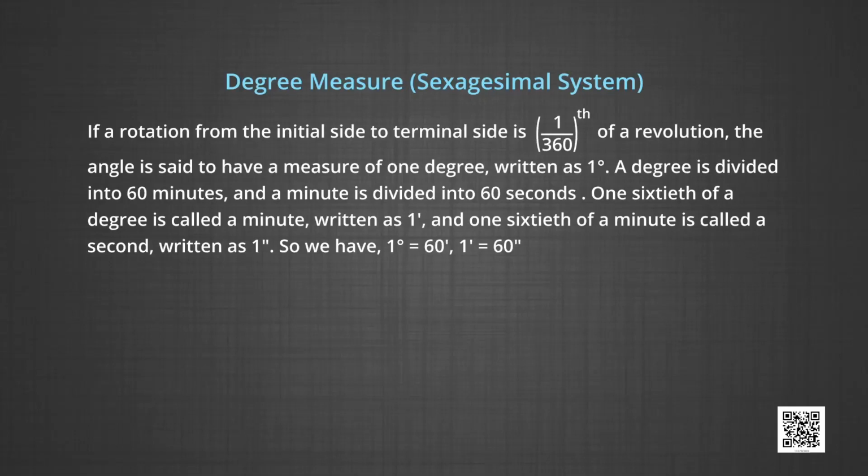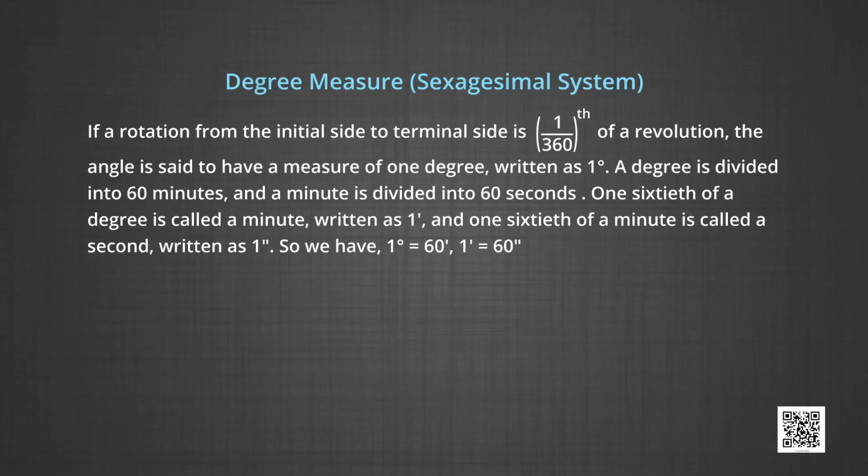Now, a degree is divided into 60 minutes and a minute is divided into 60 seconds. Just as with time, we take the measurements here also. 1/60th of a degree is called a minute and this is written as 1 dash.